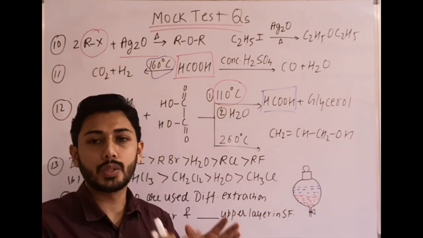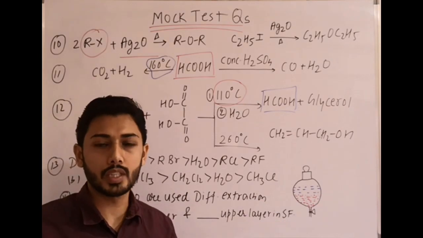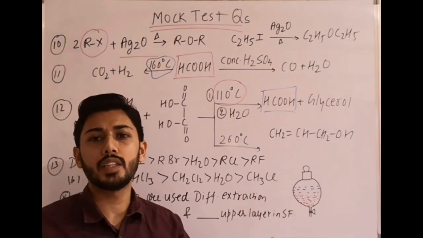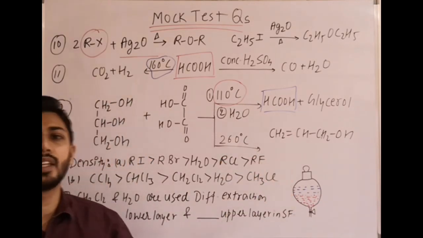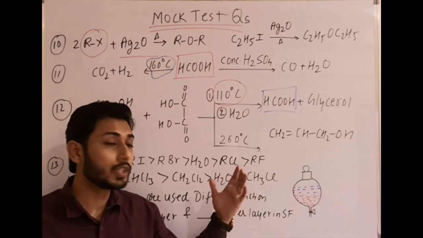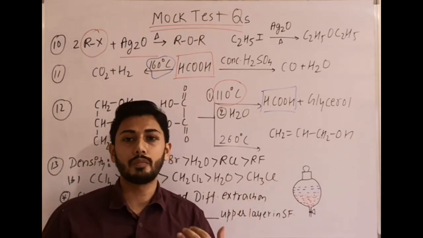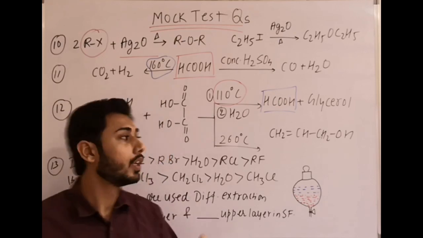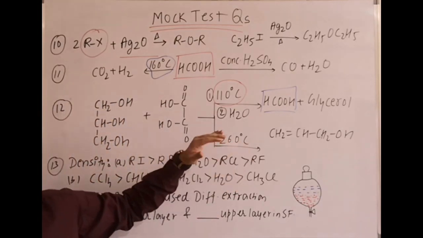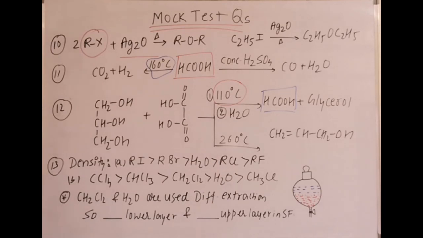So add the reaction which is given in the mock test. If you are comfortable with all NCERT reactions, then you can revise those reactions. It is up to your preparation level, so it depends on whether to add these reactions after the NCERT reactions.